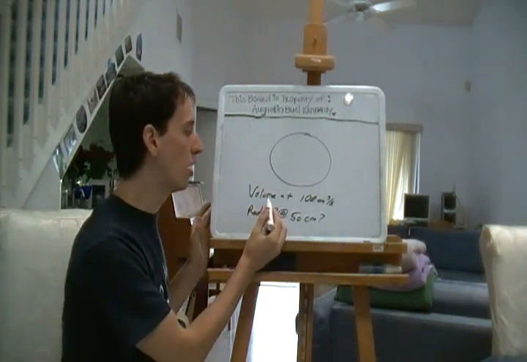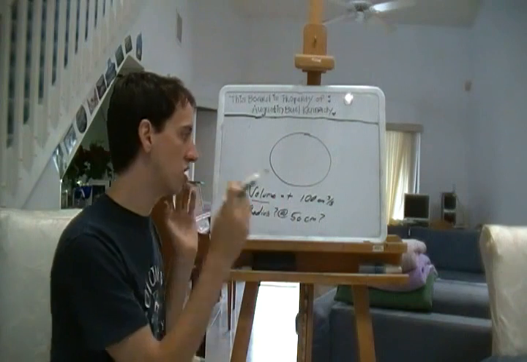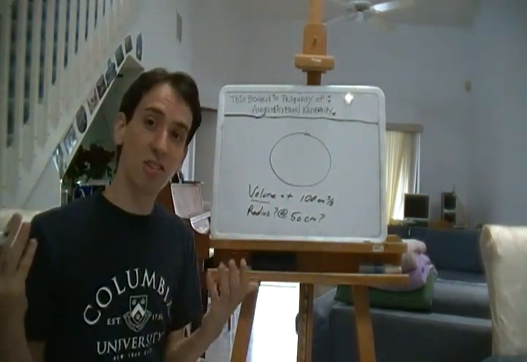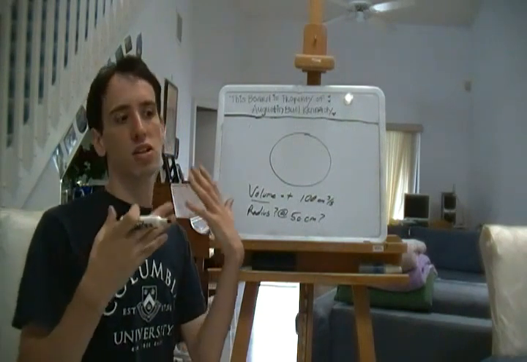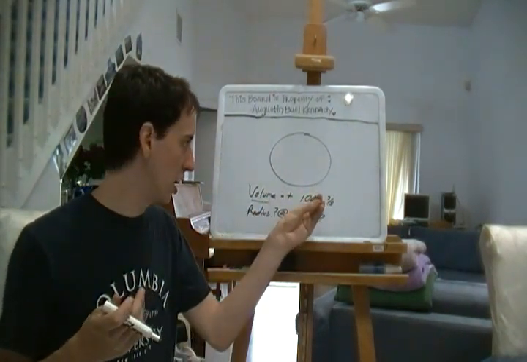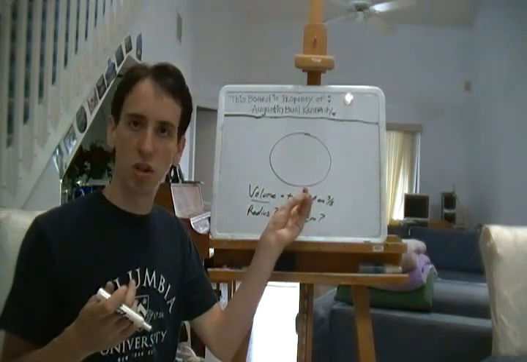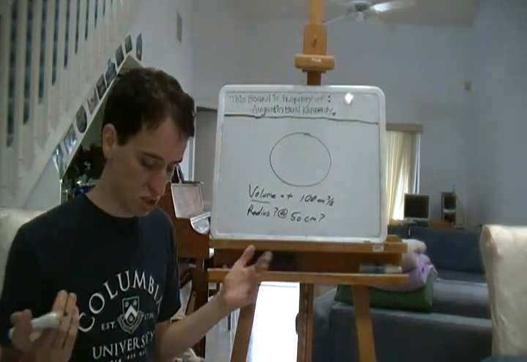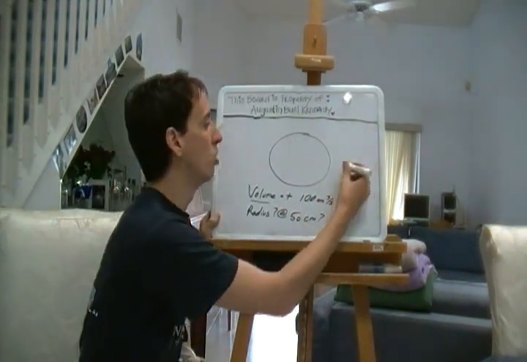So what is this actually saying? Volume is increasing at 100 centimeters cubed per second. Sounds to me like a rate of change, which is exactly what it is. It's a change in centimeters cubed over change in seconds. So it's the change in volume.